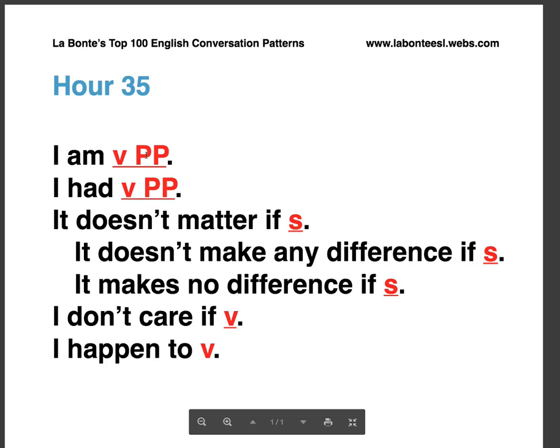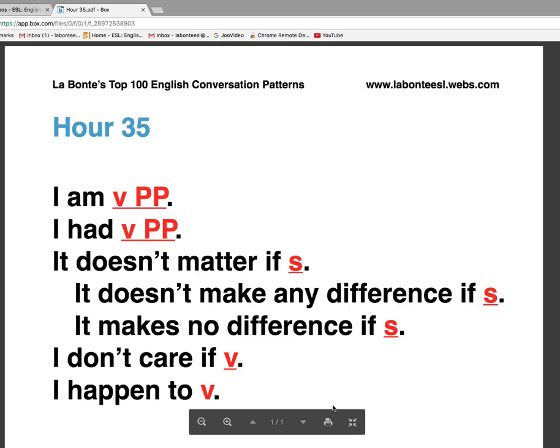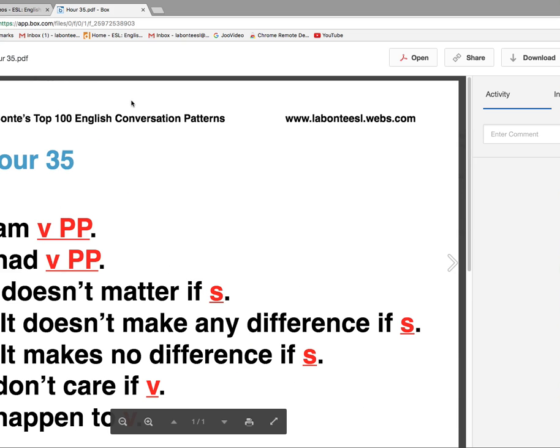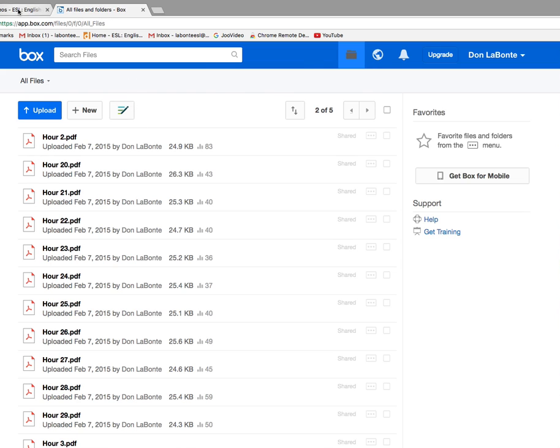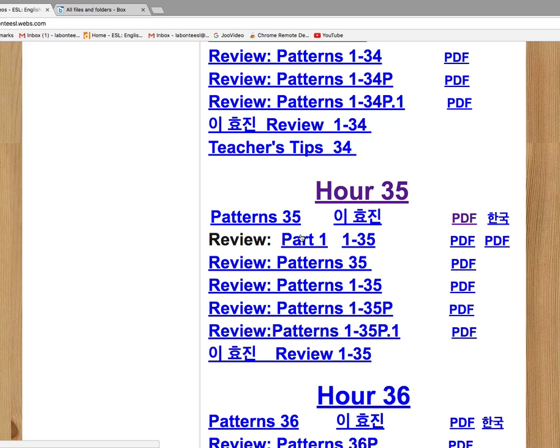And if I have a student that begins to use this, I'm honestly floored. I get very, very impressed. And if you go, this actually introduces you to part of that. If you go to here to part 1, it only deals with these patterns.